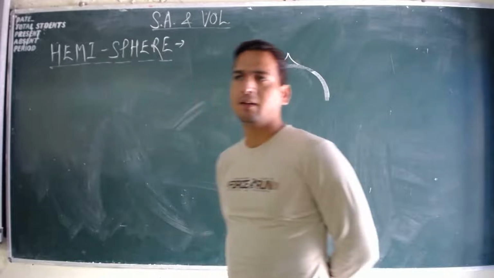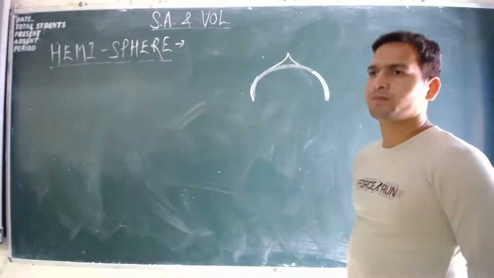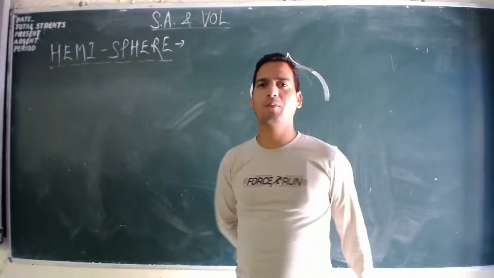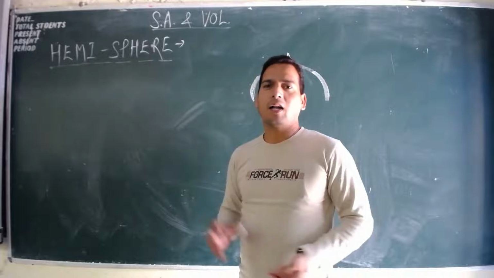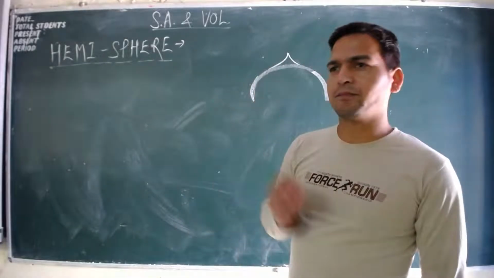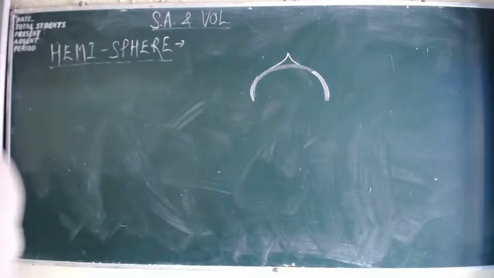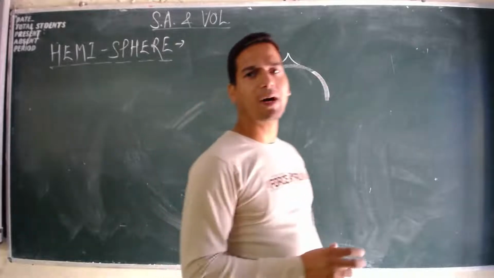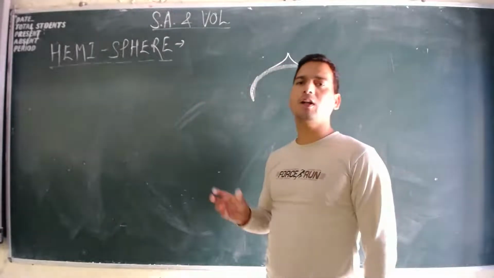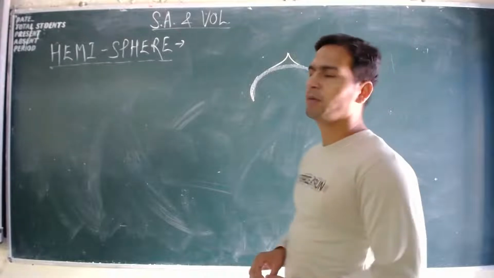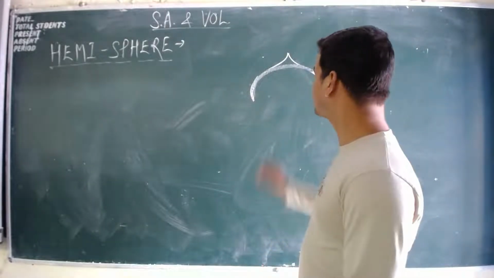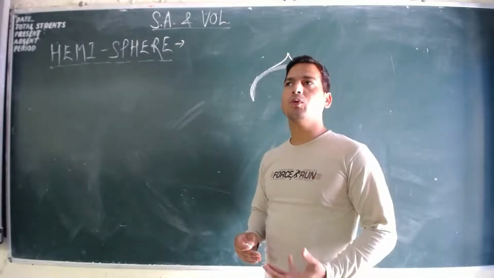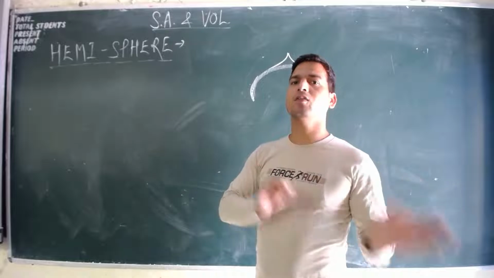Now, a cricket ball or a plastic ball, when we play and it breaks, many times the ball will break from the middle, and we get two equal parts of the ball. That is also an example of hollow hemisphere. So I just want to recall for you all the examples of hemisphere.